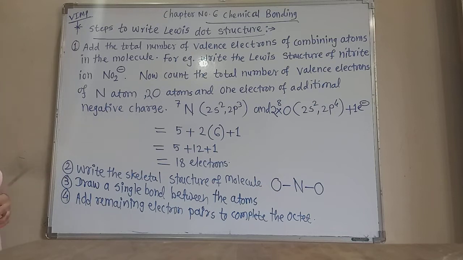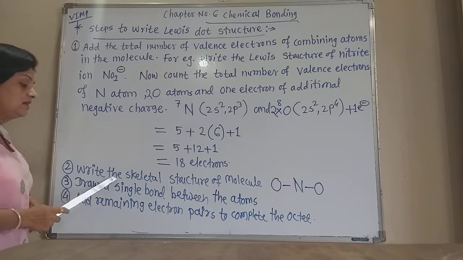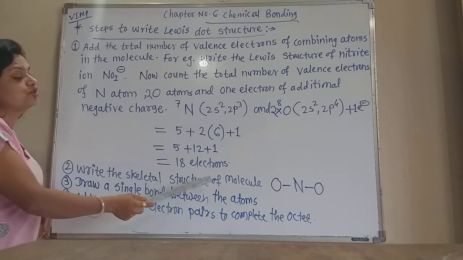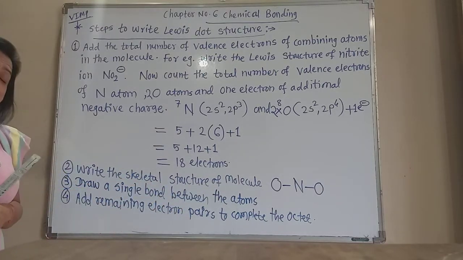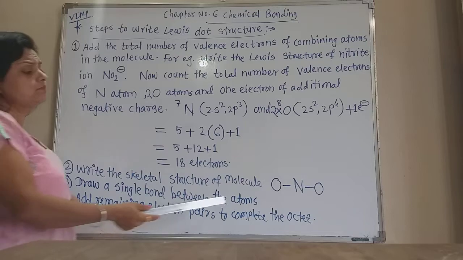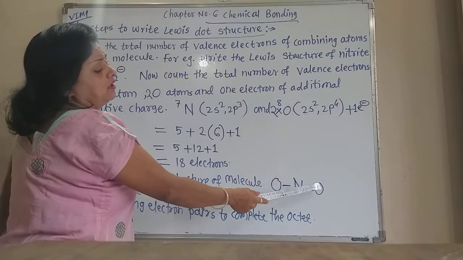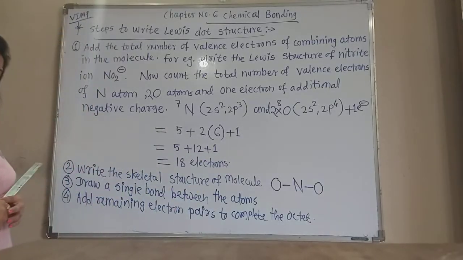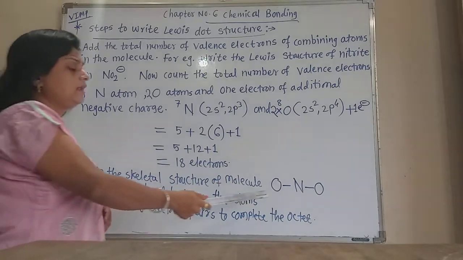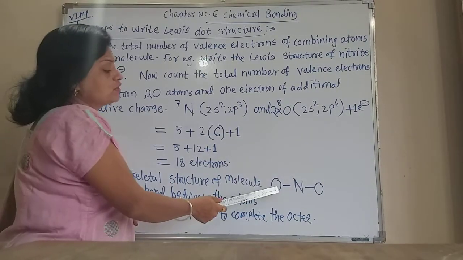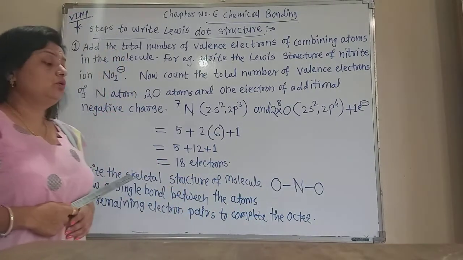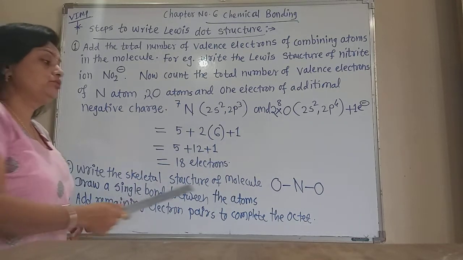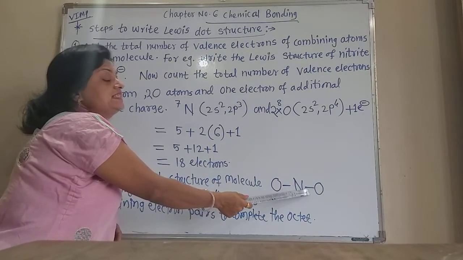The second step is to write the skeletal structure of the molecule. What is the skeletal structure? It only shows the atoms present in the molecule. Nitrogen is the central atom, and the oxygen atoms are joined to nitrogen by single bonds.